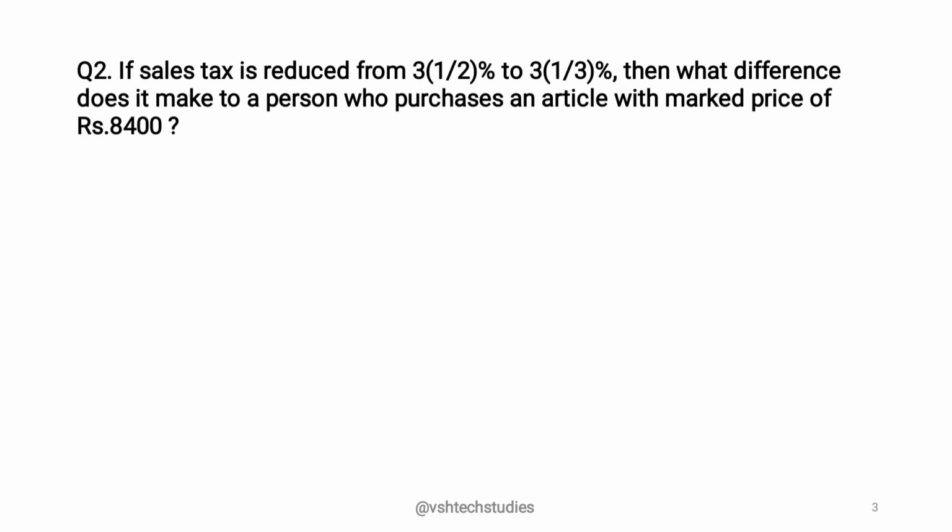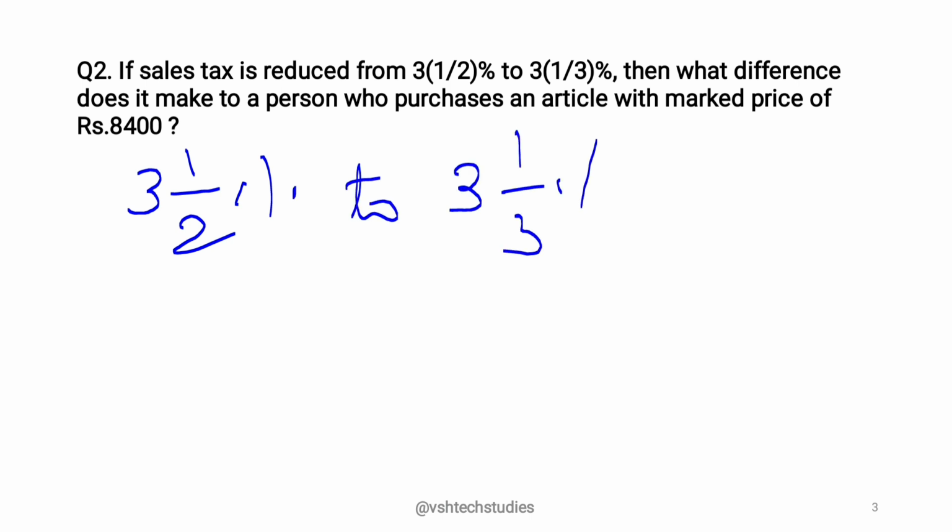Here sales tax is reduced from 3 1 by 2% to 3 1 by 3%. And the article he has purchased costs rupees 8,400. So the question is, what difference does that make to a person?